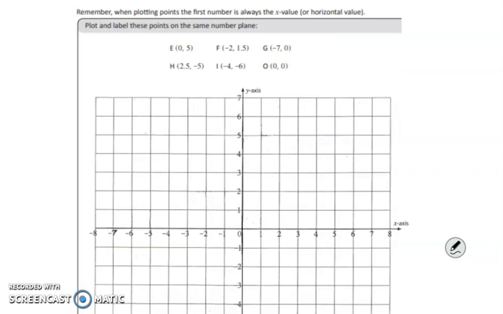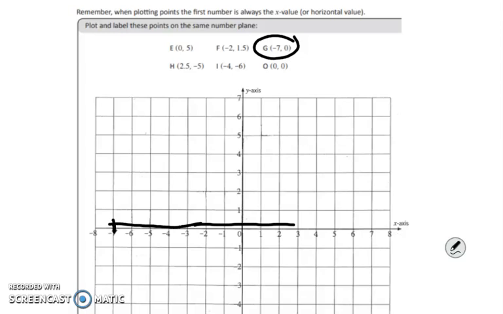The next one is the exact same stuff, just giving you more practice. So let's see, what's our hardest one here? Anything that has to do with a 0, I find really stumps us. So let's look at this. G is -7, 0. So we know that we're doing our horizontal first. So we're going all the way to -7.